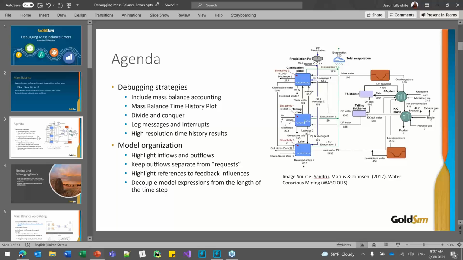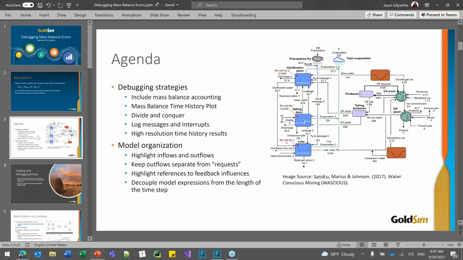And so you could be in a situation where you just need to build an accounting functionality in your model, and perhaps you're finding that you can't, for whatever reason, get mass balance to close, and you need to figure out where the problem is coming from.